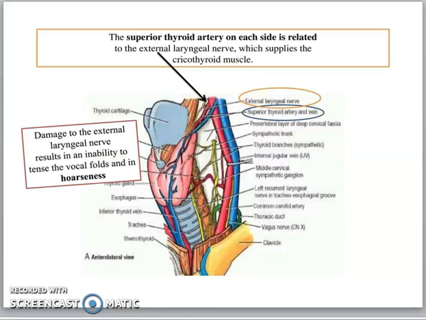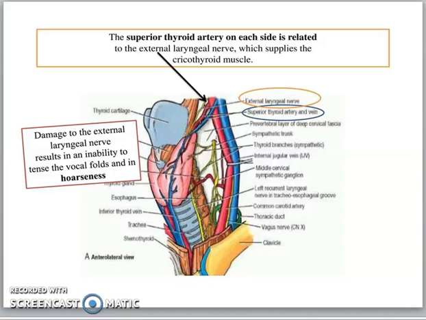Because if anything happens to it, assuming the nerve is severed because of its closeness to the superior thyroid artery, it will lead to a lack of supply to the cricothyroid muscle, which it supplies. So damage to this external laryngeal nerve results in an inability to tense the vocal fold, and this also results in hoarseness of voice.